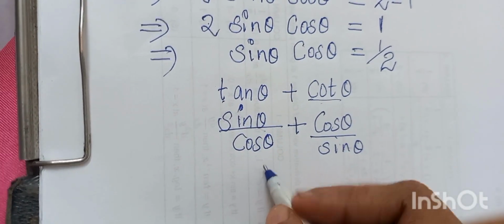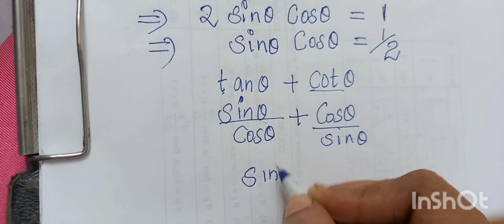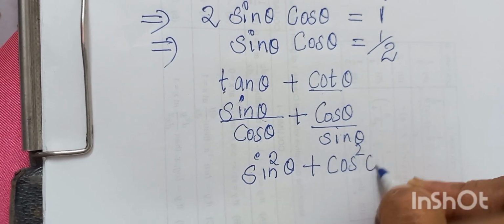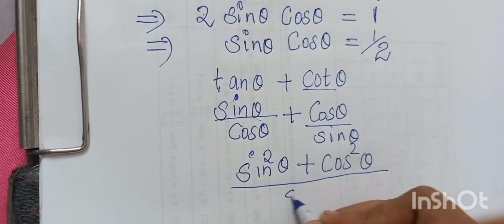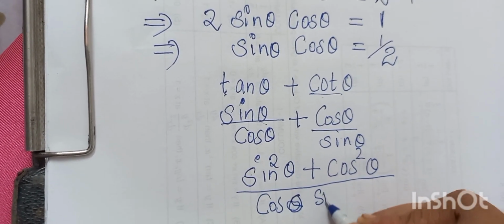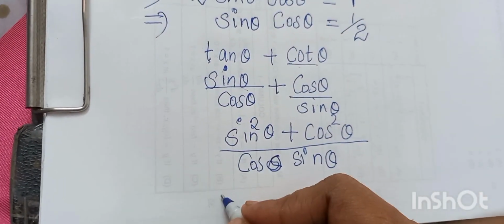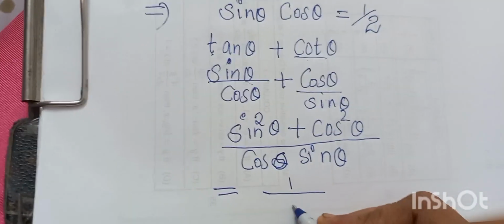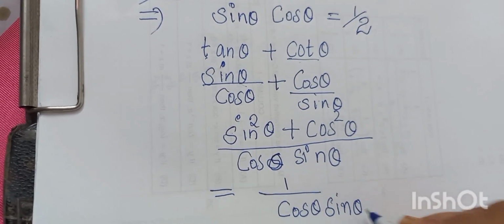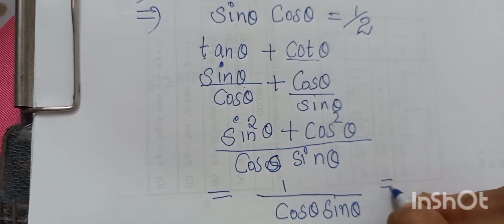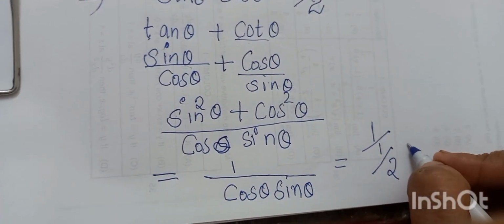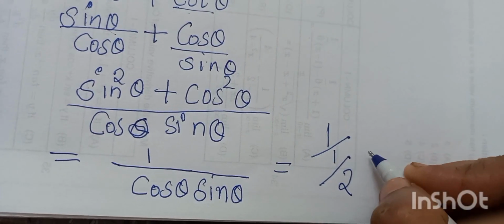Then cross multiply, we get (sin square theta plus cos square theta) whole divided by sin theta cos theta, which is equal to 1 by cos theta sin theta, which is equal to 1 divided by 1 by 2, which is equal to 2.